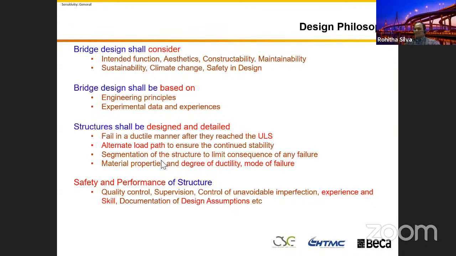And the segmentation of the structure to limit the consequence of any failure, rather than bridges coming down as one unit, you can make sure that only a segment of the bridge fails. For example, it will crack, and then a piece of the concrete may fall down, or the whole bridge girder.